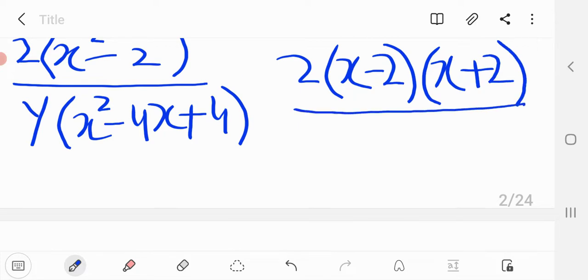Then divided by y into x square minus 4x plus 4. This one is a quadratic equation, so we can factorize it. We will multiply 4 into x square, so the answer is 4x square.